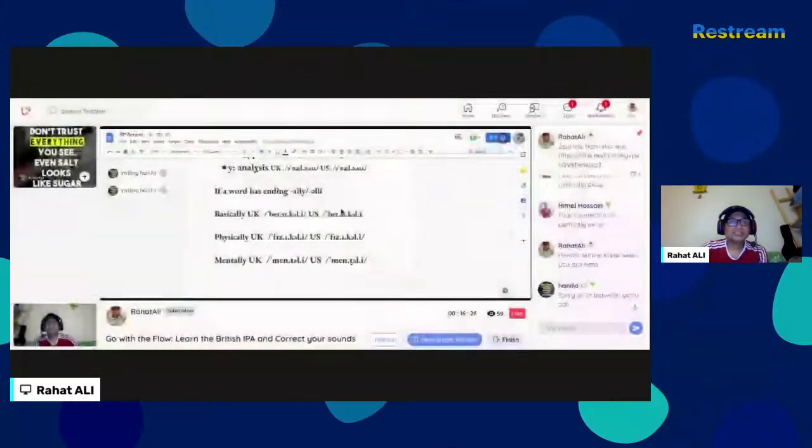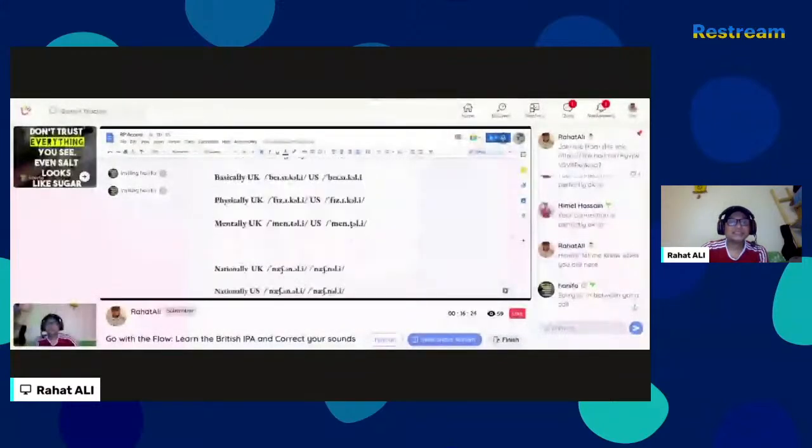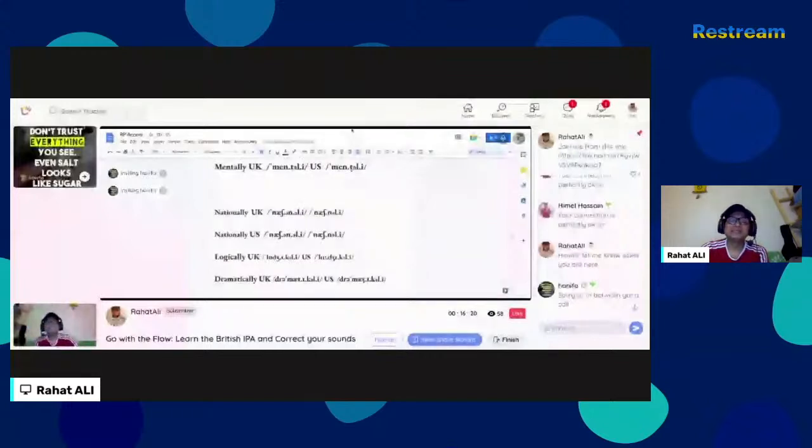And the next word is nationally. Remember that very often we are confused pronouncing these words. It is nationally, not nationally. So there are two schwa sounds in this word, as you can see.